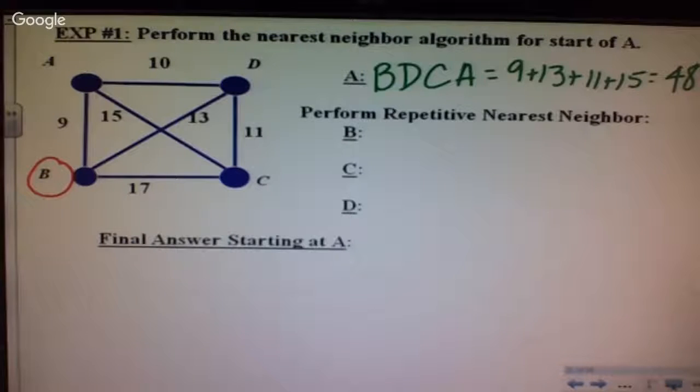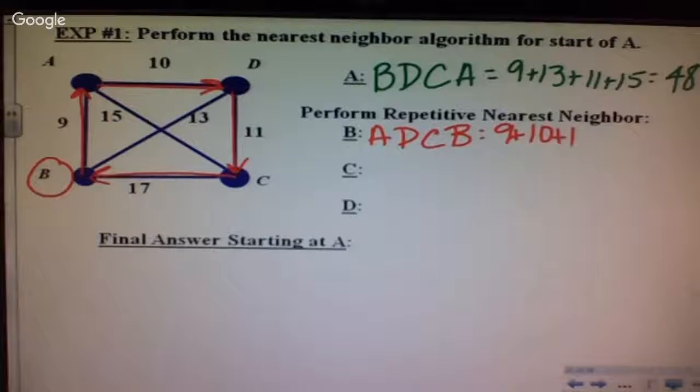So now we're going to start at B. B to A, then A to D, D to C, and of course back to B. So B, A, D, C, B. We've got 9, 10, 11, 17. 20, 30, 47.